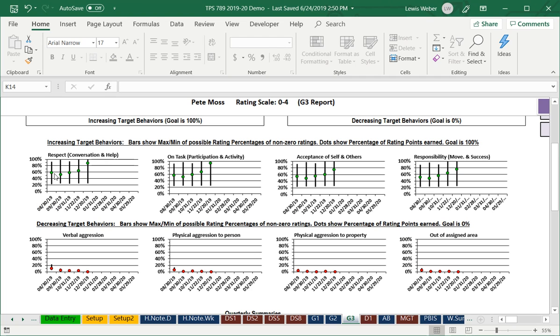Because if we just look at the dots, which is rating percentage, it doesn't give us the complete picture. So these vertical lines are now going to be used to describe occurrence, and the relationship of the dot on the line, or the location, is going to be describing intensity.